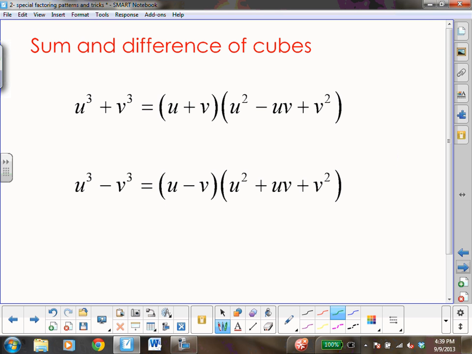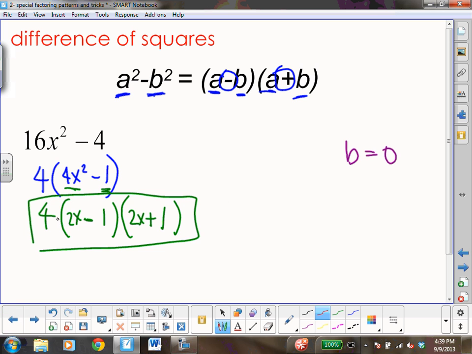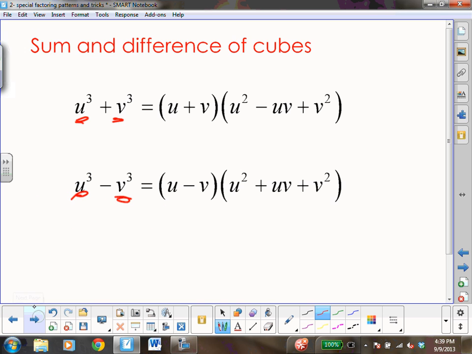The sum and difference of cubes is a very important rule for you to remember that you might not have necessarily done that much. We can have addition of perfect cubes or subtraction of perfect cubes. In the previous example, it's only the difference of squares. We can only have subtraction. The pattern follows the same.